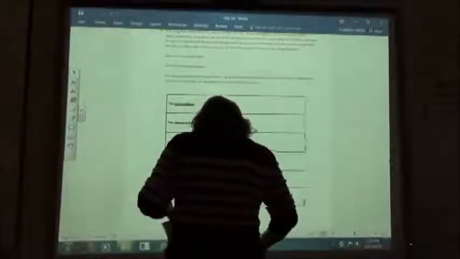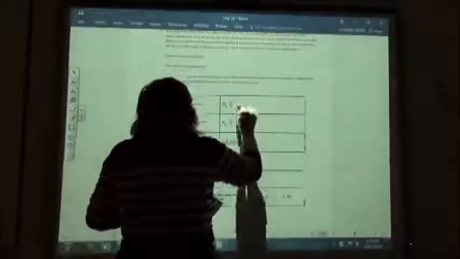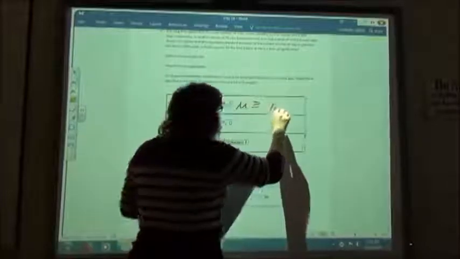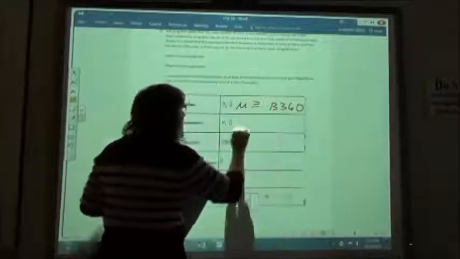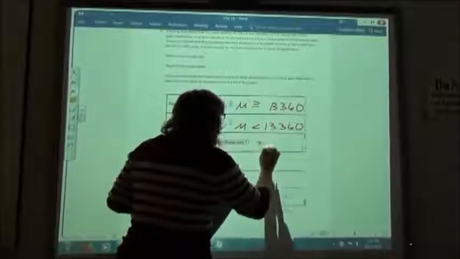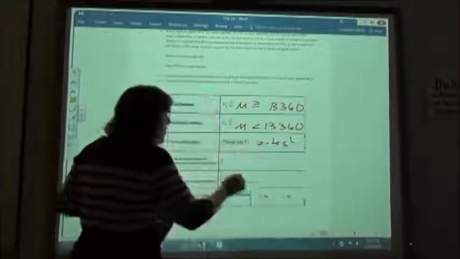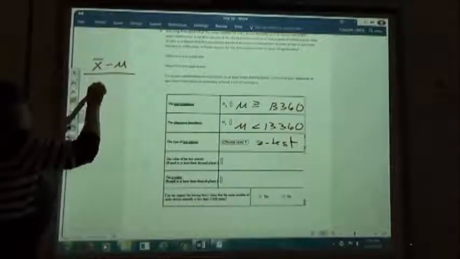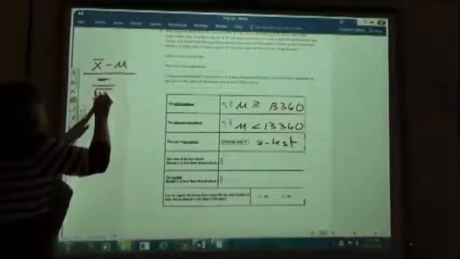So, we said here the mean was greater than or equal to 13,360. The mean is less than 13,360 here. We're doing the z-test. And now we're finding the value of our test statistic by taking the sample mean minus the given mean over the standard deviation and the square root of n.